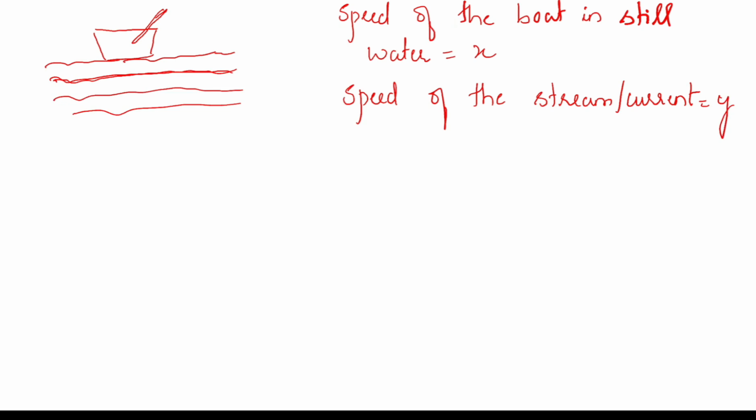Next, there are two types of speeds, that is downstream speed and upstream speed. What do you mean by downstream speed? Downstream means when the boat or man or anything is moving along the flow of the river.